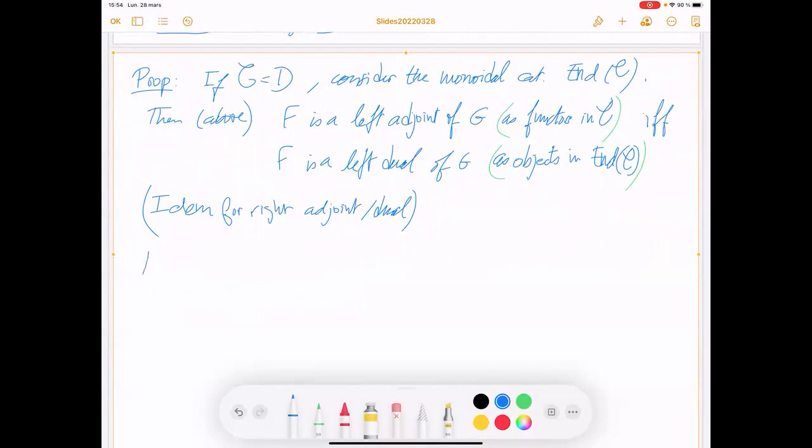So as I said, remark: the notion of left dual covers the notion of left adjoint.